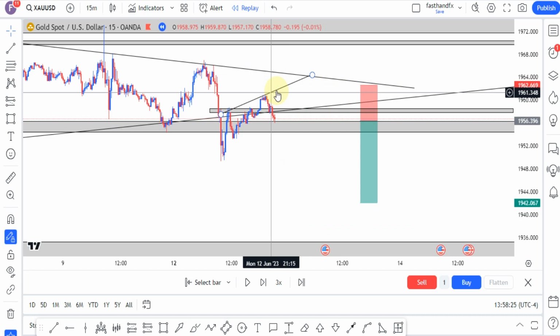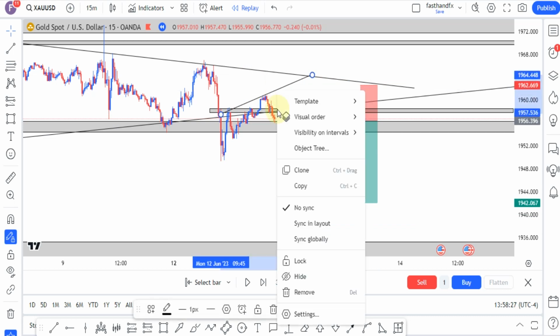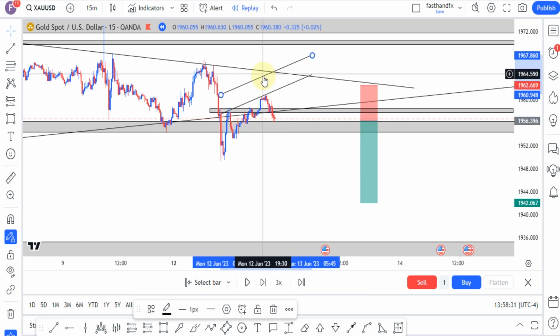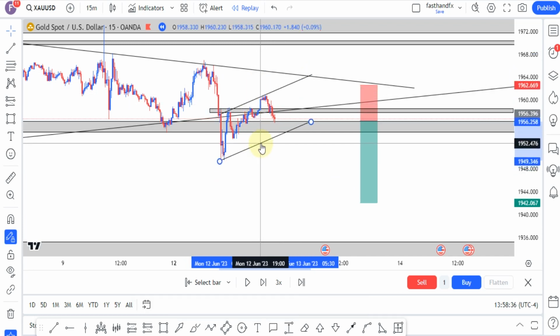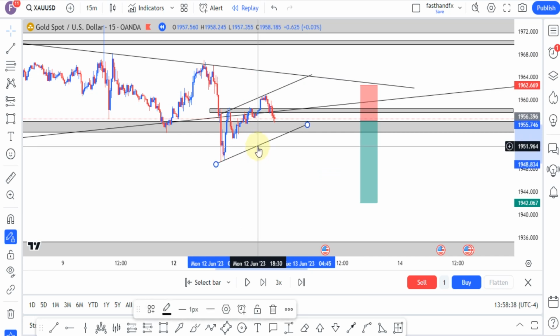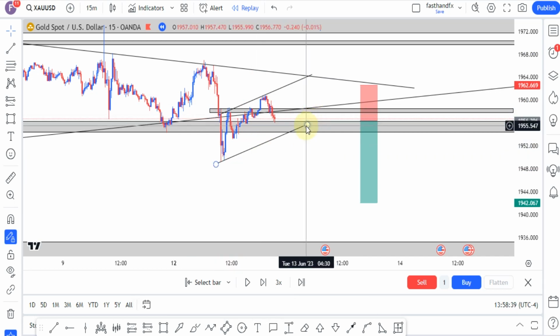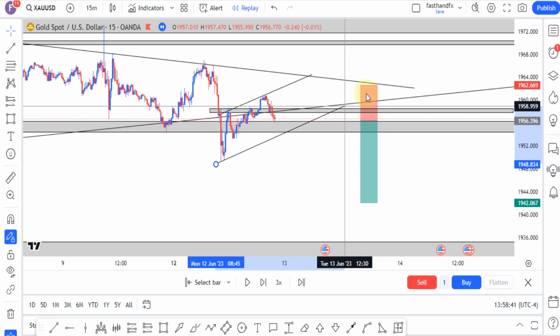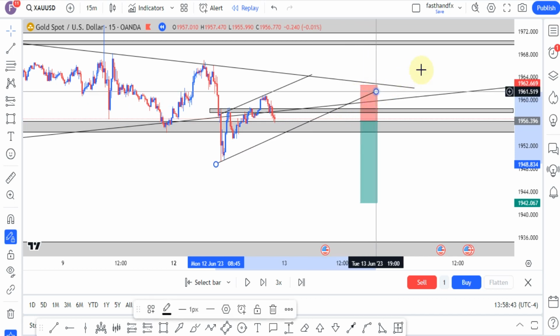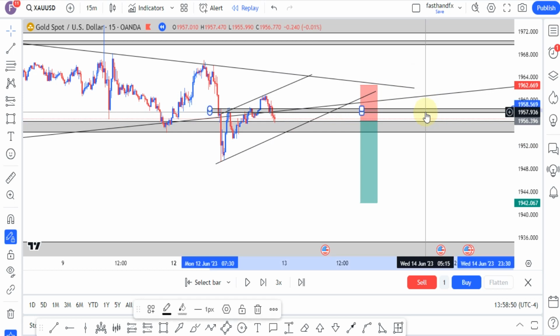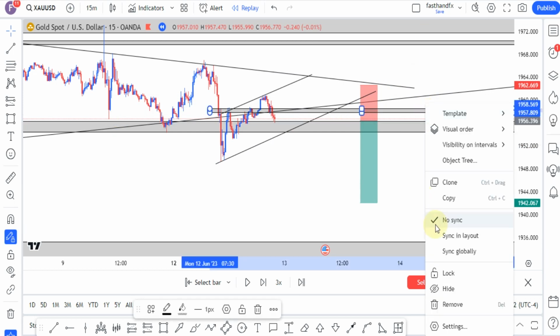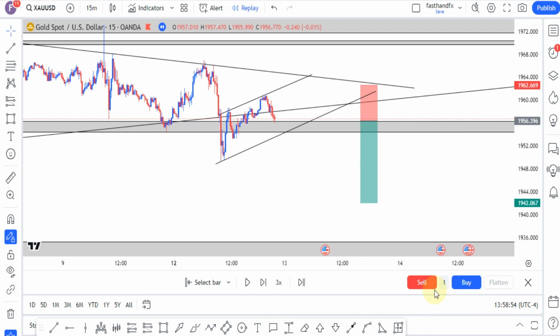So let's clone these trend lines and see if the market will give us another good opportunity here. So what do we expect here, guys?